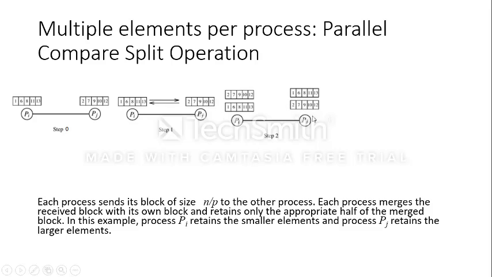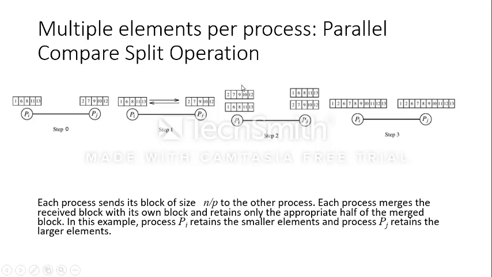Now, in the next step, the process pi will sort the values at its end, such that in step 3, the process pi has the values in sorted order, 1 to 6 up to 13. Similarly, at the process pj, the values 1 to 6 up to 13 are arranged in sorted order.